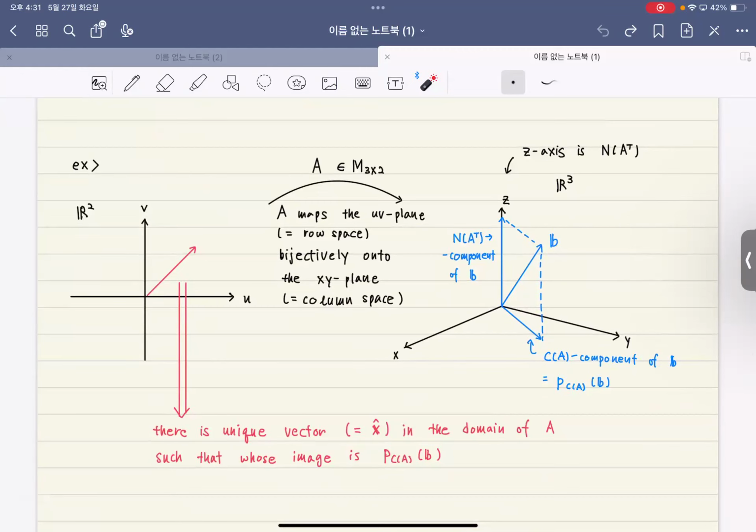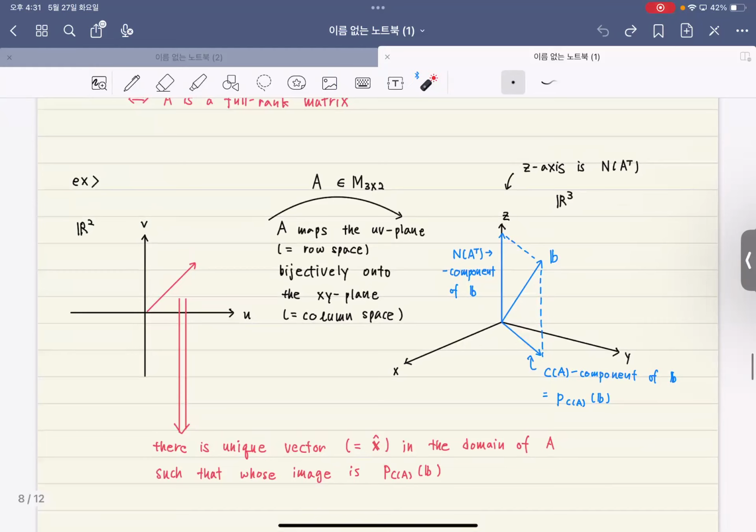I tried to draw a little cartoonish picture describing this entire situation. Let us consider that A is a 3 by 2 matrix, which is a full rank matrix. Therefore, the rank of A should be 2, right? Therefore, the dimension of the row space and the dimension of the column space should also be 2, right?